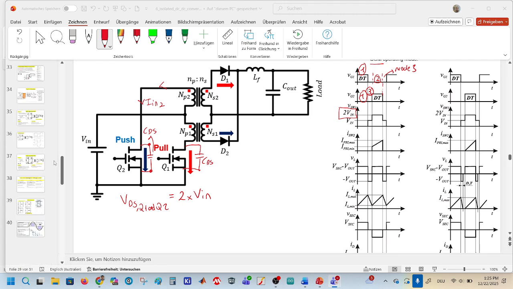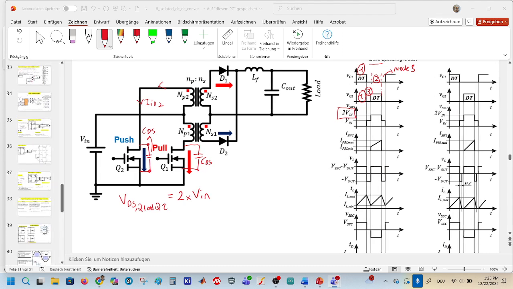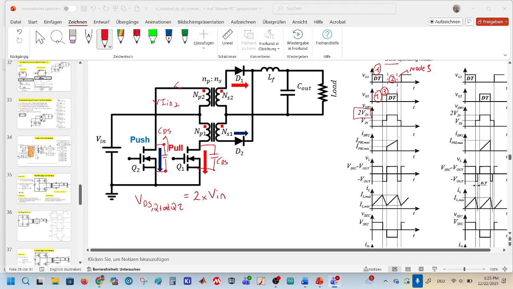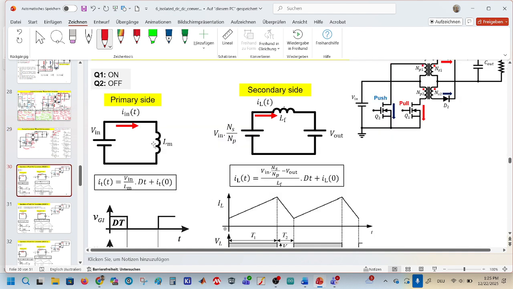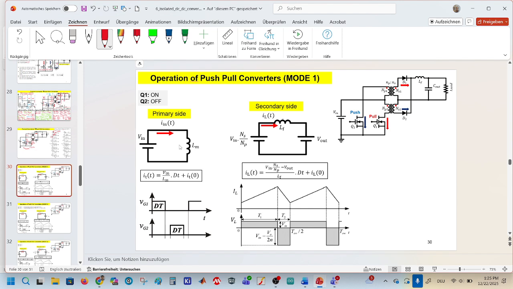So look at the analysis of each mode. So what happens when the first switch is on and the second is off?